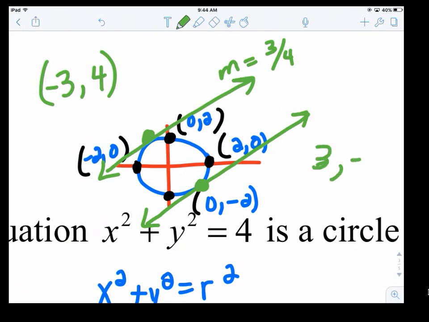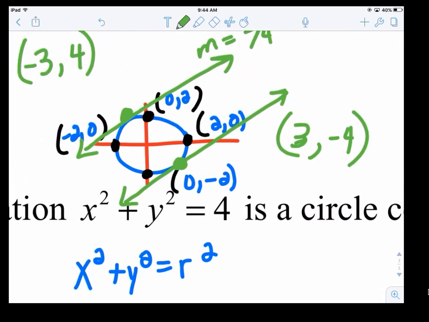So it would be 3, negative 4. You're right, that would not be on the line, because you only have a radius of 2, right?